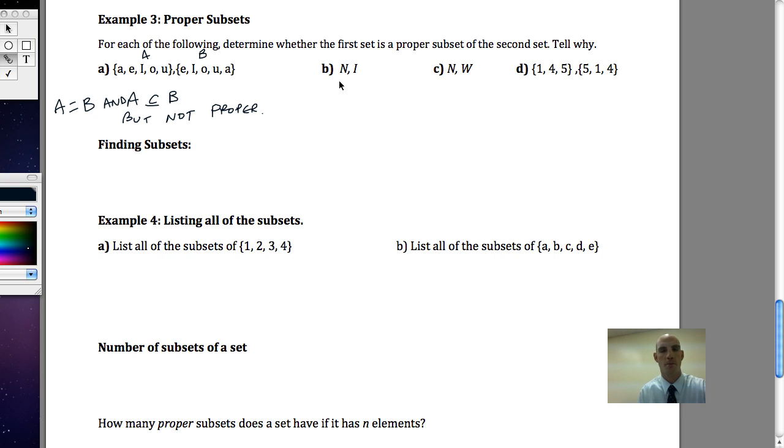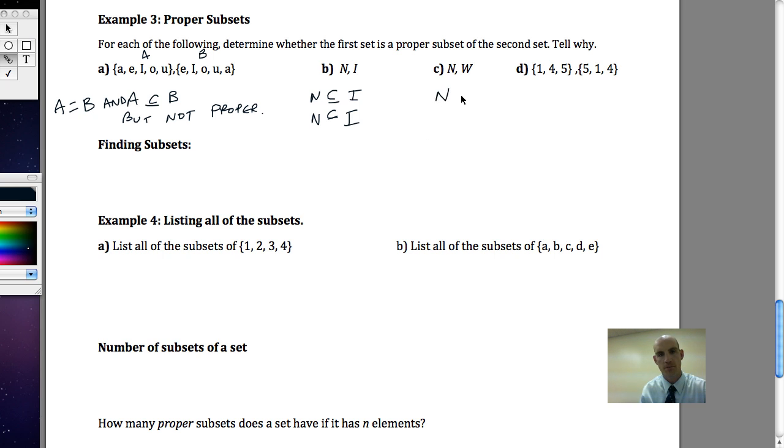What about the natural numbers and the integers? The natural numbers is a subset of the integers, but it's also a proper subset of the integers because it's not all of them. It's only some of them. What about the natural to the whole numbers?